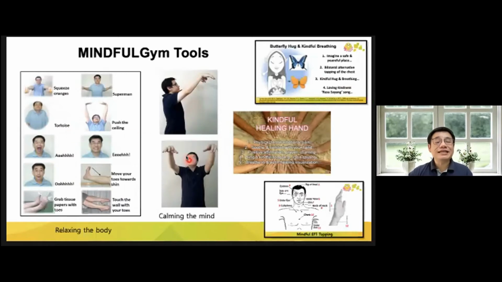Mindful breathing, this is very useful for calming the mind. We also learn the butterfly hug and mindful breathing, which is useful for reducing emotional distress. We have the kindful healing hand for psychosomatic pain, and we have the mindful EFT tapping to help us release the negative energy in the mind body.